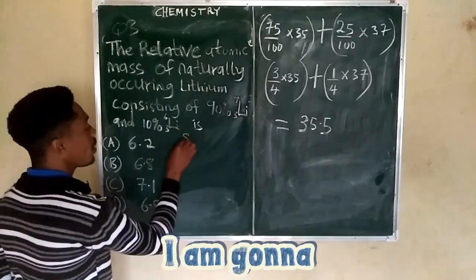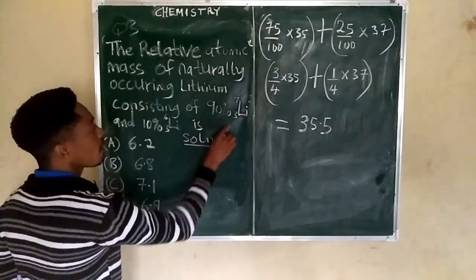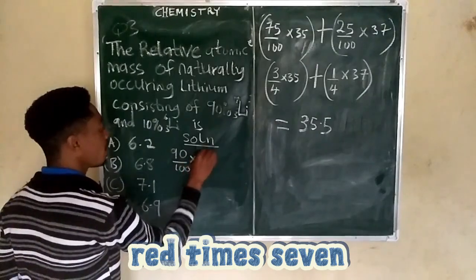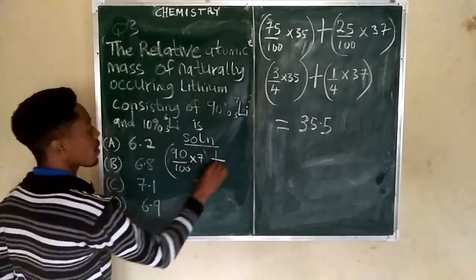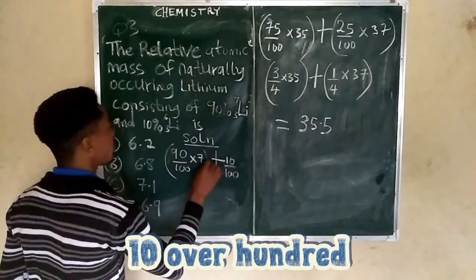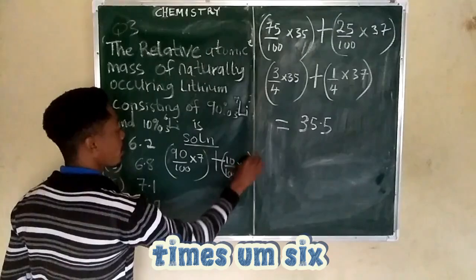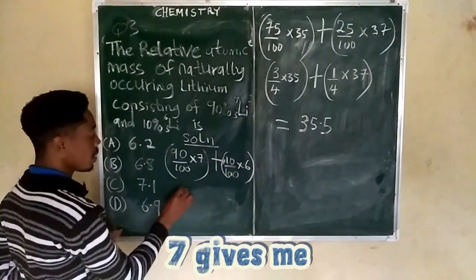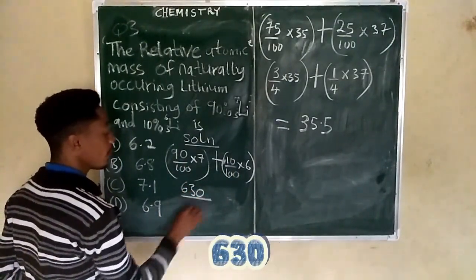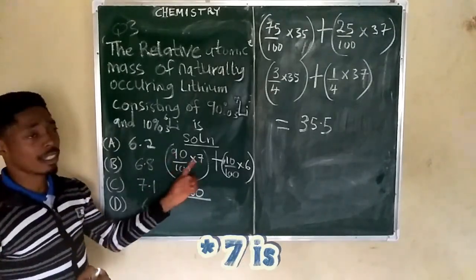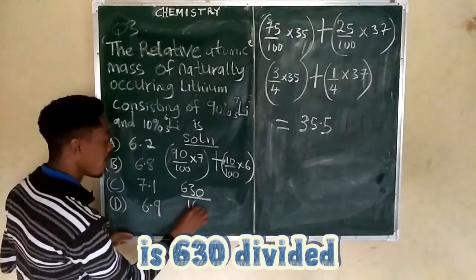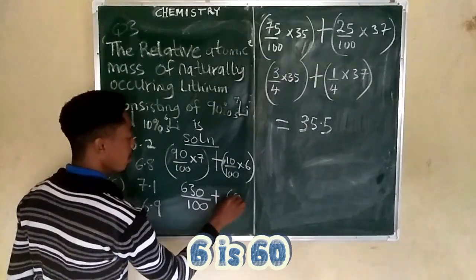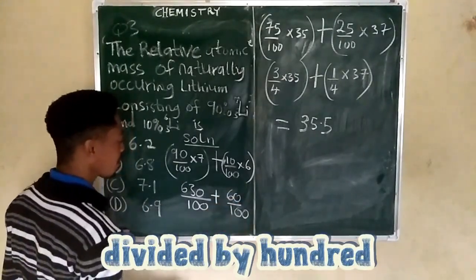So I am going to have 90 over 100 times 7 plus 10 over 100 times 6. So, 90 times 7 gives me 630. You can check it with your calculator. 9 times 7 is 63, so 630 divided by 100, plus 10 times 6 is 60 divided by 100.